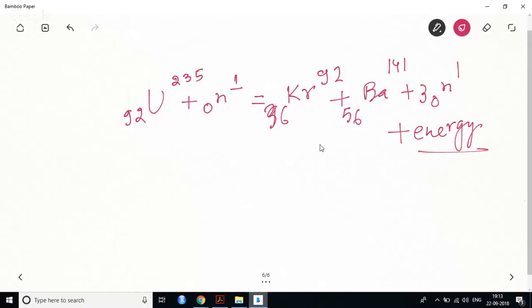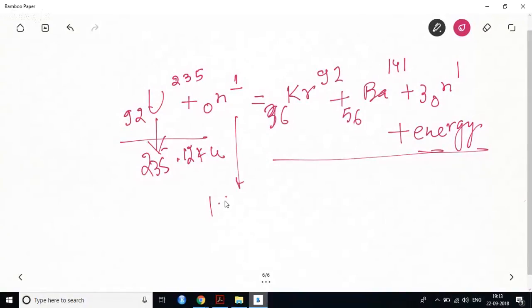As simple as that. Now, if you look at the mass of this side and the mass of this side, what happens? Mass of uranium is 235.124 units. Mass of neutron is 1.009 units. Mass of krypton is 91.94 units, and I'm trying to explain mass defect here, guys.